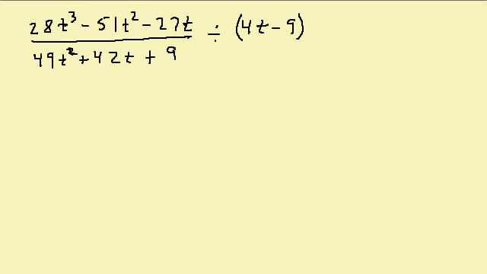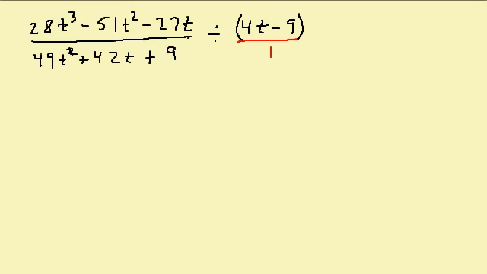Let's take a look at one more. So we have a division problem. So we need to change it to multiplication. So it probably will help if you put this over 1.